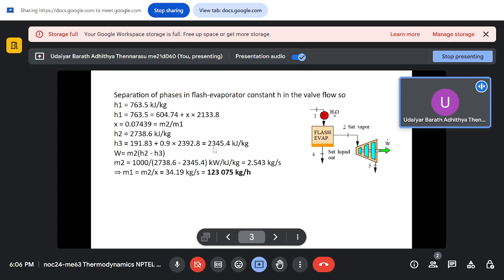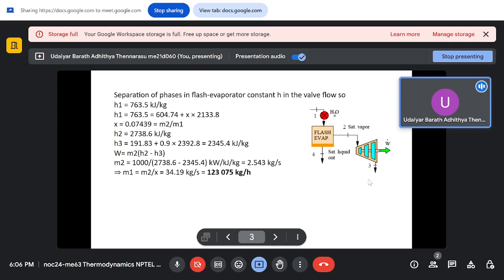So this gives the relation between mass of steam at state 2 and mass at state 1. If 1 kg of water is given here, after flashing you will have 0.07439 kg of saturated vapor. Now corresponding to enthalpy 2, we know it is at 400 kilopascal and it is a saturated vapor. For that, the corresponding enthalpy is 2738.6 kilojoule per kg.